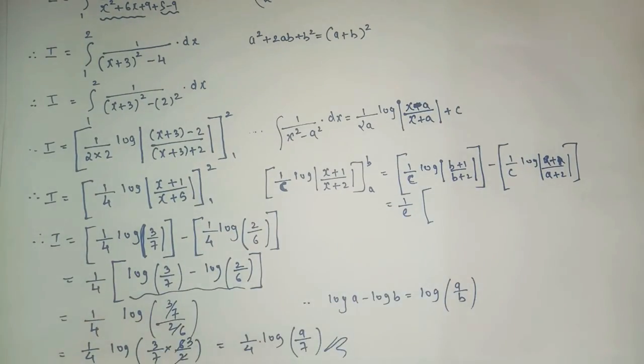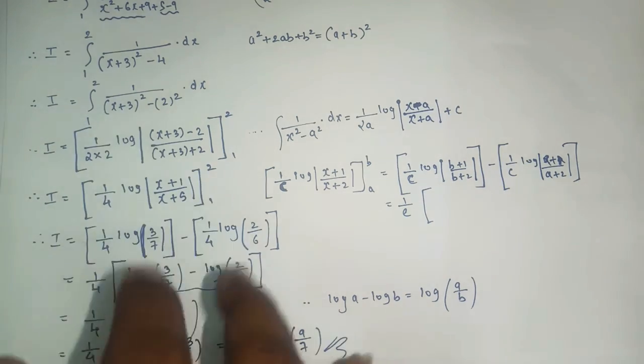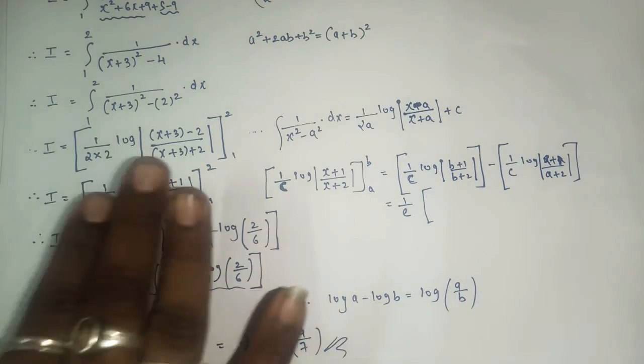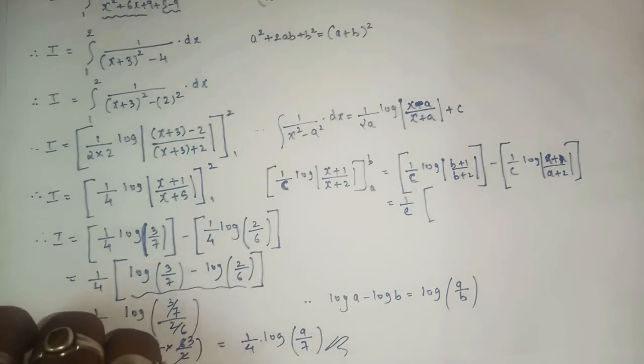Then simply replace the value of x by the upper limit and lower limit, and you can bring this number outside and then solve, or else keep the number, substitute the upper limit and lower limit, and still you will get the same answer.